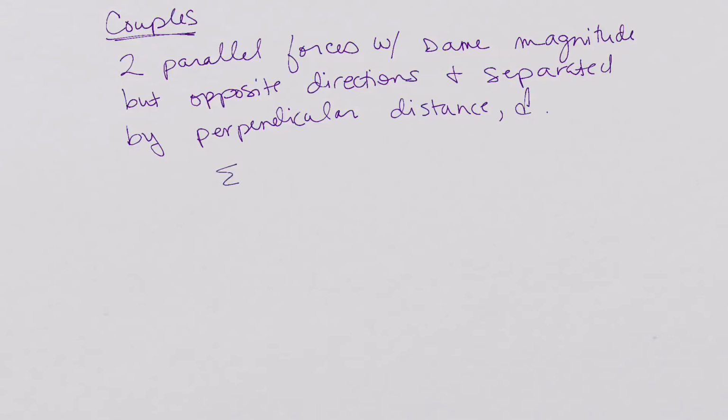So for these, the sum of the forces, the resultant force, equals 0, because basically you're going to have one force in one direction, and they're parallel, separated by this distance d.